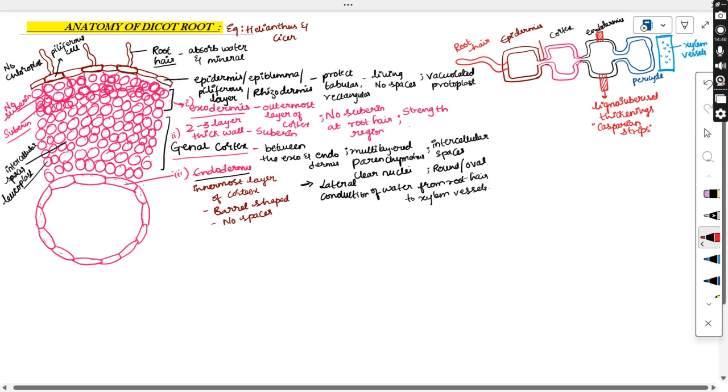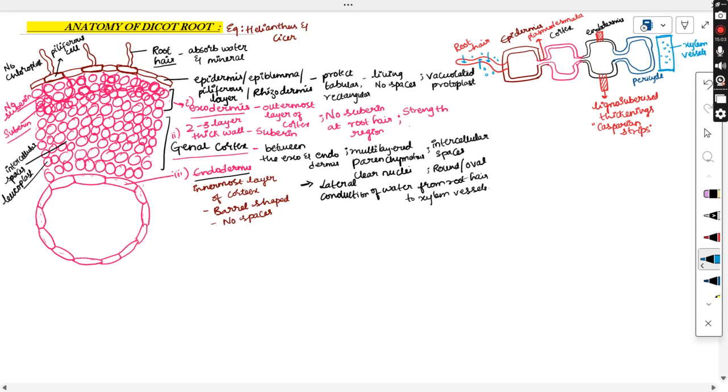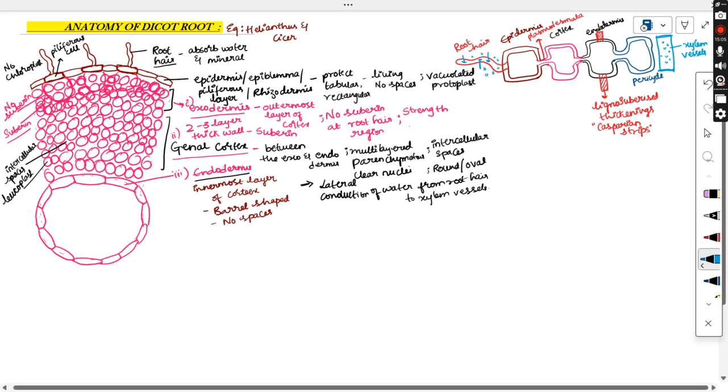The connections which are present between each cell are called cytoplasmic connections, or plasmodesmata. So let us see, all the cells are arranged in this way. Now, the function of root hairs is to absorb water. The water absorbed from the root hair region will enter the epidermal cells.